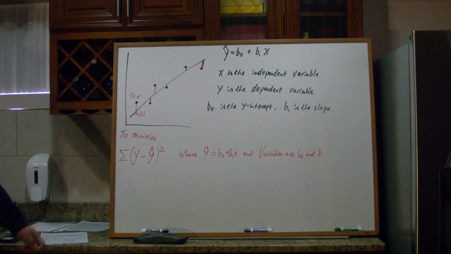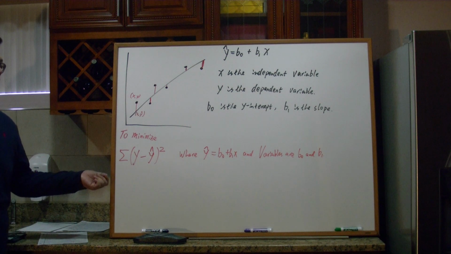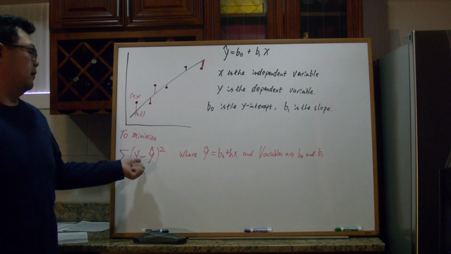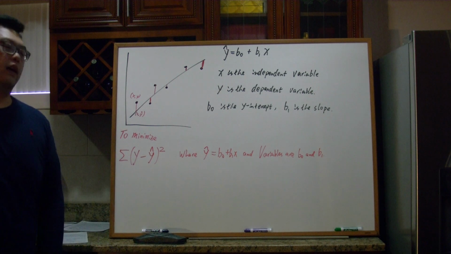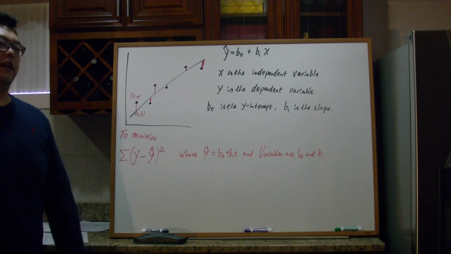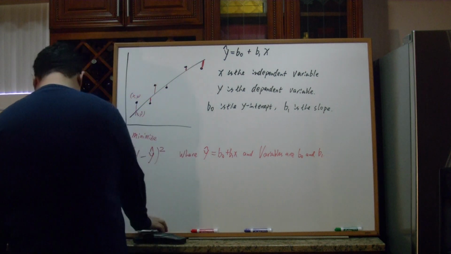In calculus we will have the way to minimize the function. Here is the summation of functions with b0 and b1 as our actual variables. The y, the x, they are given data in our case here. So that's what we are doing.